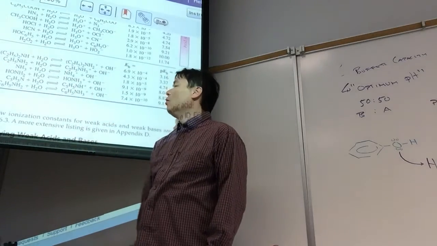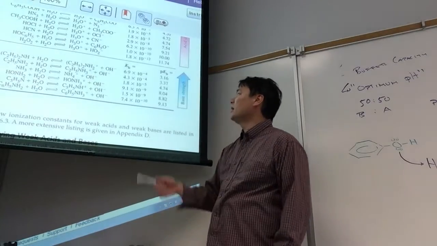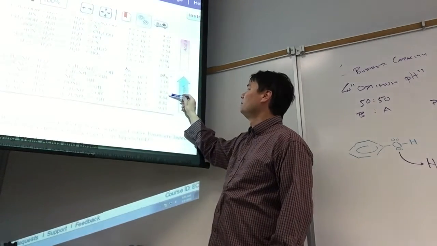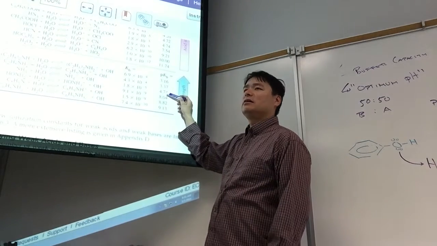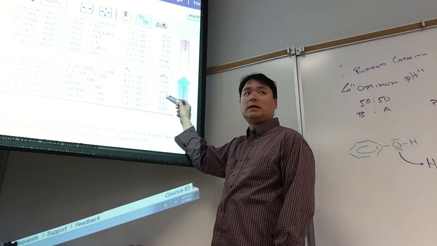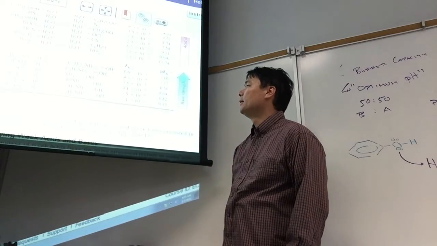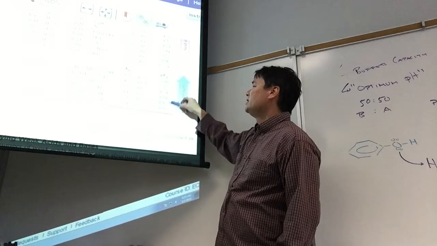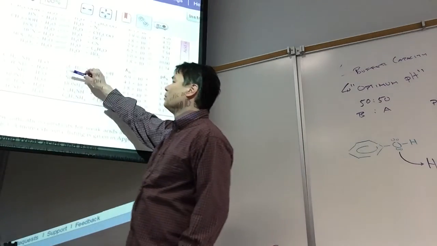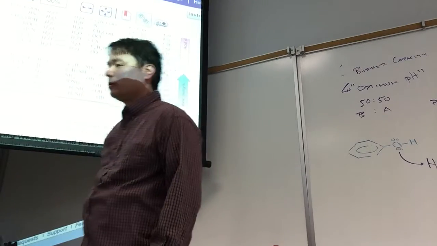That's the way. Or you could do the Henderson-Hasselbalch with the pOH. This would be the pOH, and then you've got to figure out 14 minus the pOH would be the pH. But we can see some other values here, things that are more basic than ammonia and less basic than ammonia.